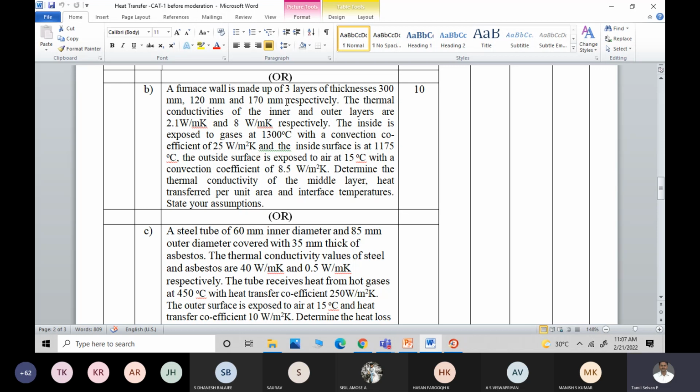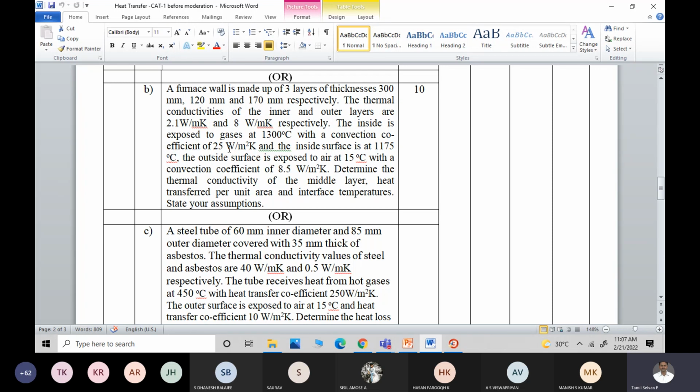It's very simple, ma. Actually, one of the students did it beautifully and I was surprised. What he did is Q equal to hA del T, and he found the h value, which is mentioned here as the inner convective heat transfer coefficient, 25.